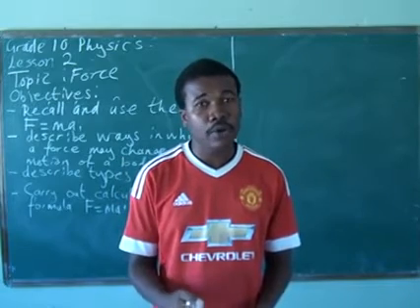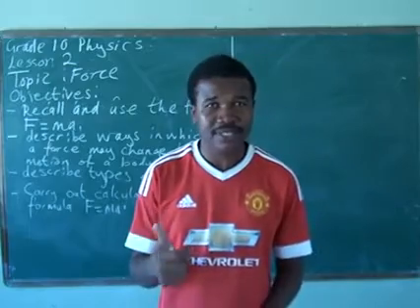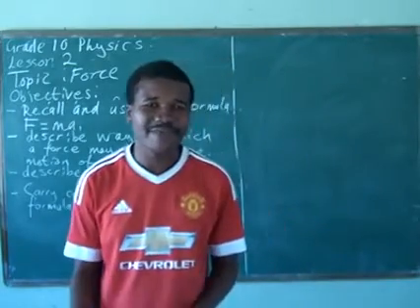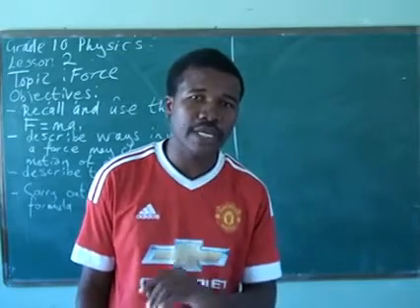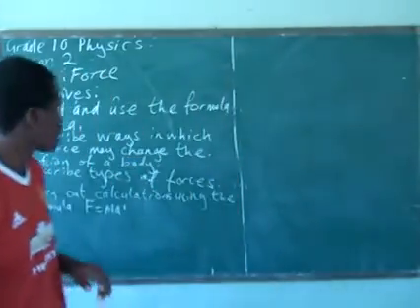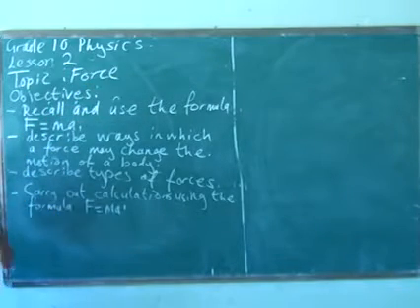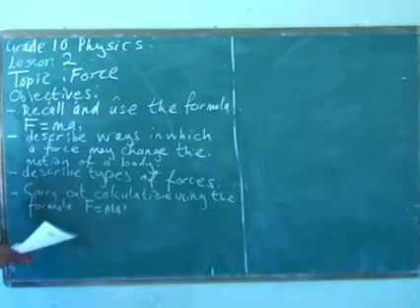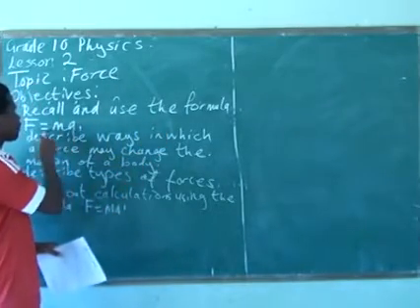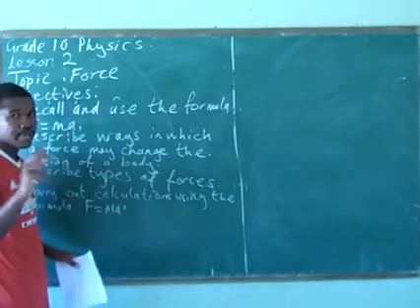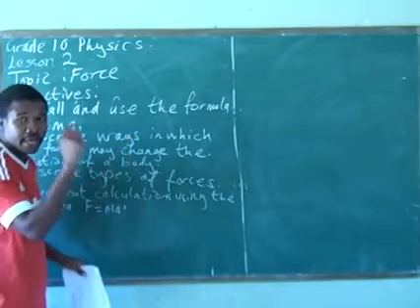Now we are going into the second lesson in physics. So what are our objectives? By the end of this lesson, with our topic being force, we should be able to recall and use the formula F equals ma.